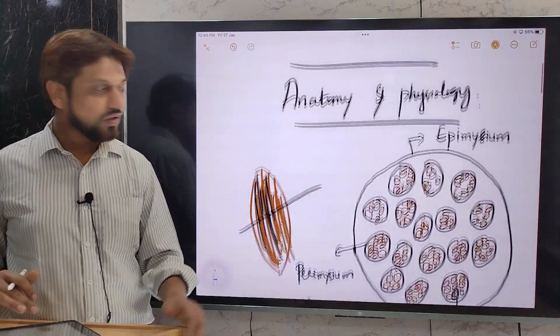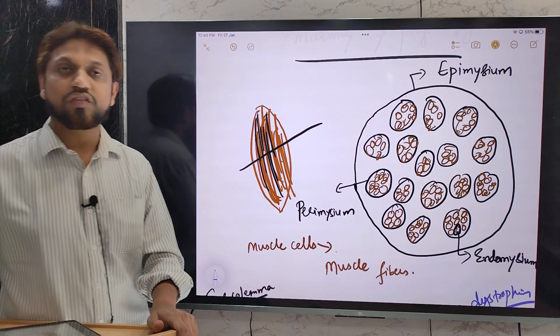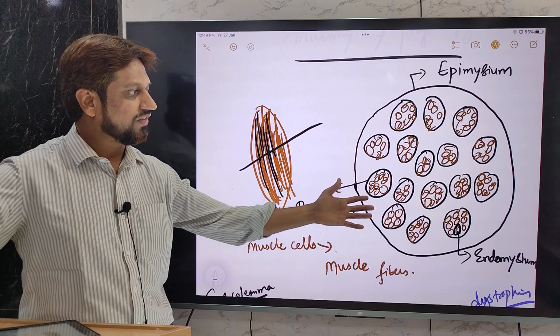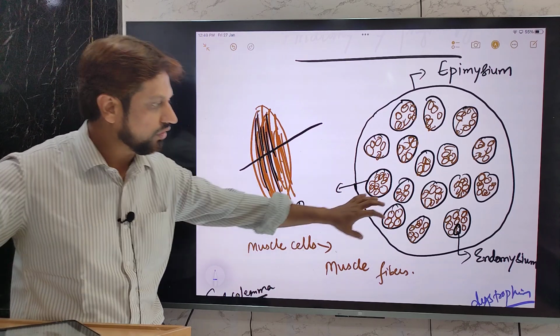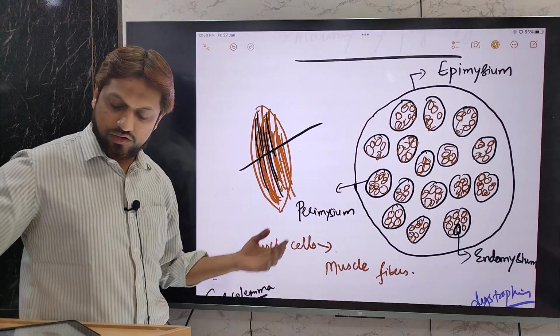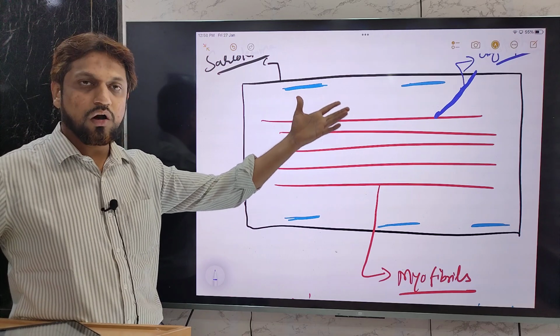So this is all about the skeletal muscle. Just to summarize, today's topic is the structure of the skeletal muscle. We discussed how muscle cells are arranged as muscle fibers in bundles known as fascicles, and each muscle fiber consists mainly of myofibrils and other cellular organelles.